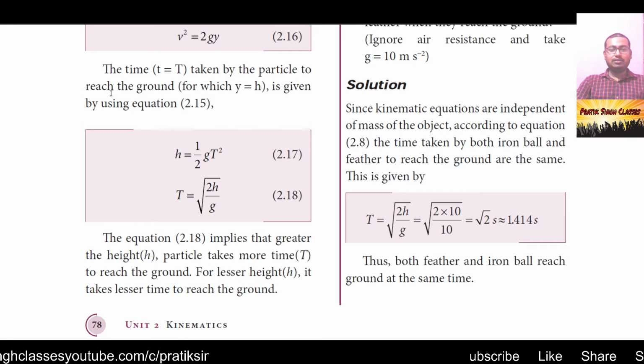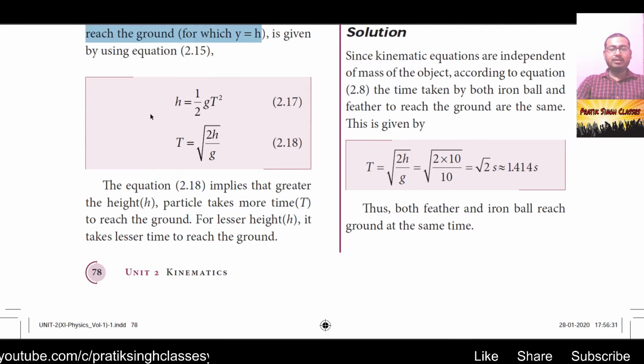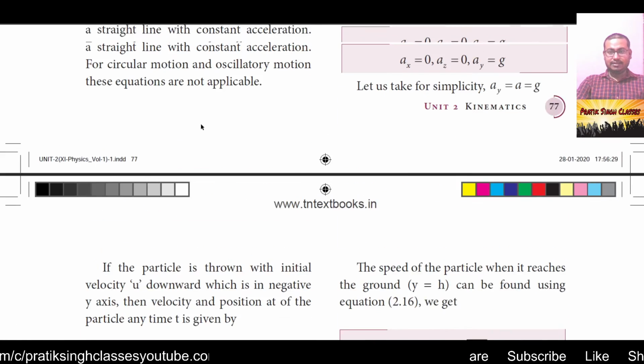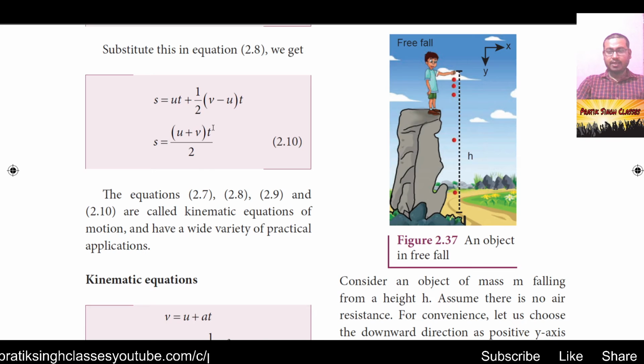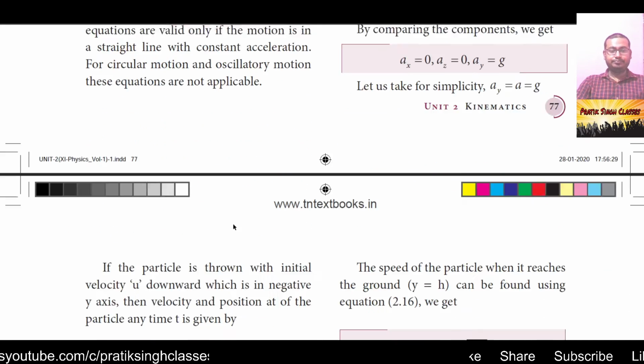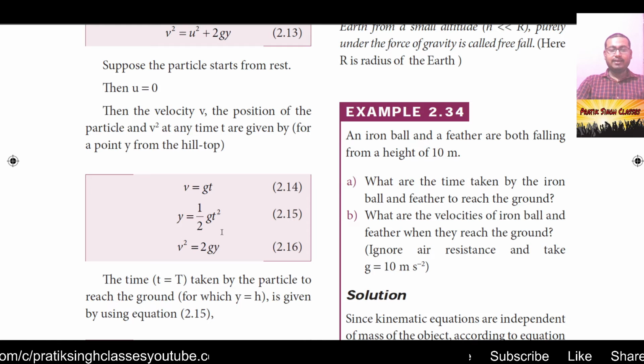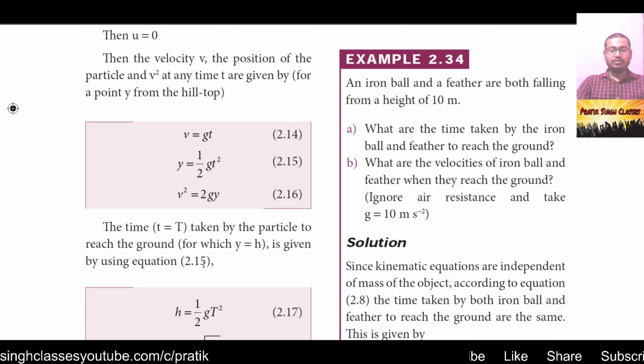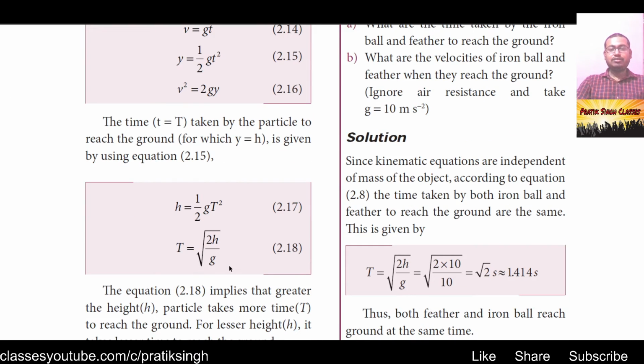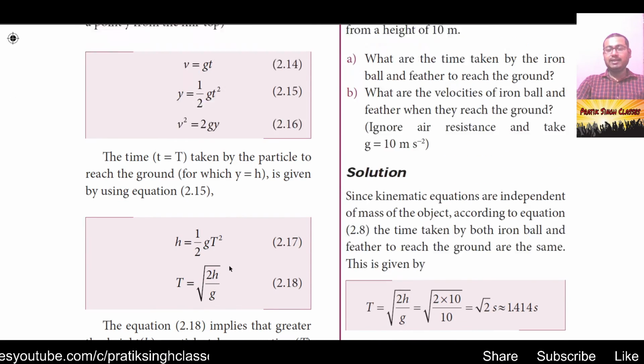The time taken by the particle to reach the ground, for which y is equal to h, is given by h is equal to half gt square. Let us see in the figure: this total h from top to bottom is given by half gt square, and t is equal to root 2h by g.